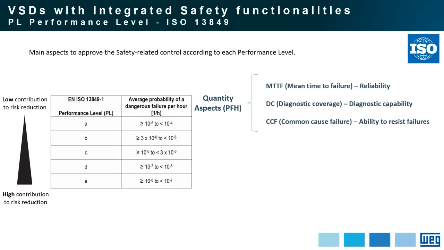The quantity aspects are basically statistical analysis, okay? It will evaluate, for example, the mean time to failure of the main components installed in the machine. And the mean time to failure, the MTTF, will evaluate in the end how reliable each component installed in the machine is.